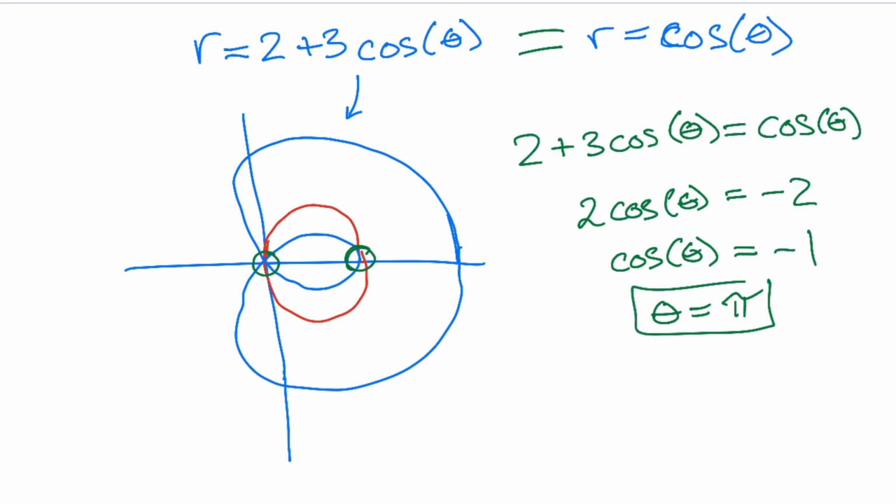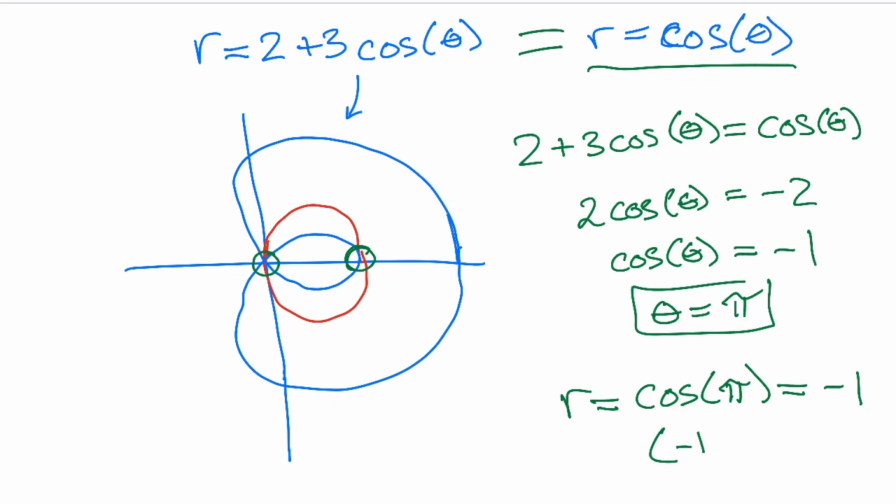So pi. Let's plug this back into one of these two. Let's use this one. So r is equal to cosine of pi, which is negative 1. So the point negative 1, pi is a point of intersection. And you can see that right there. That's that point.